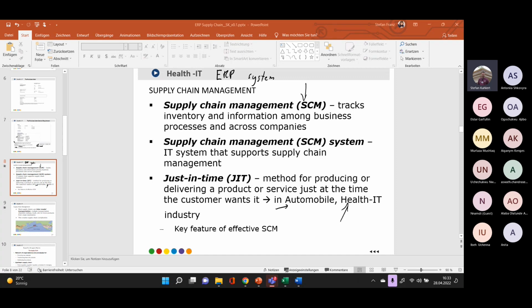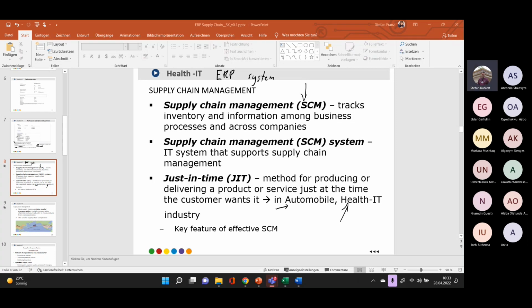This means you need proper planning, a certain warehouse with a certain stock, and a logistic process which makes it possible for you to deliver parts or services just in time.